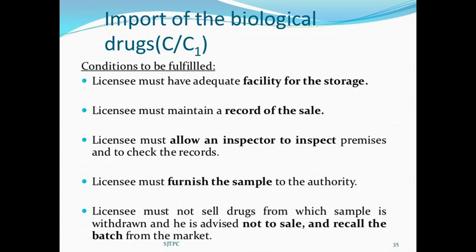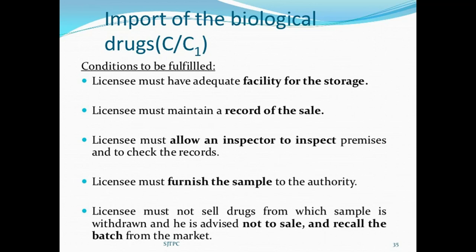What are the conditions? It will come in the examination also. What are the conditions a licensee must fulfill to procure biological drugs? He must have proper storage, because biological drugs can deteriorate. So he has to maintain proper storage conditions and maintain sale records.